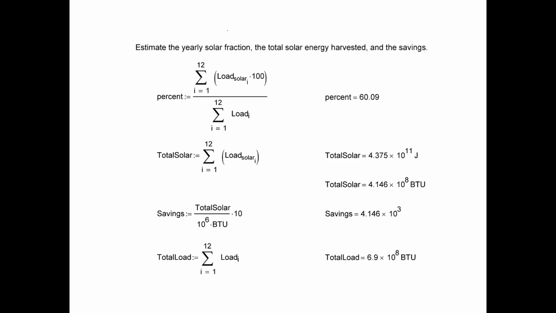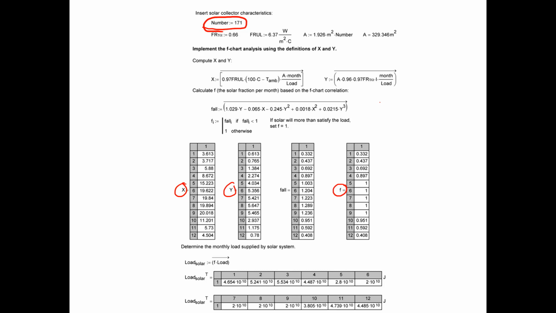And you can also compute, over the course of the entire year, what percent of the total heating load the solar collectors provide. You can quantify that by multiplying the monthly matrices by the number of days, right?